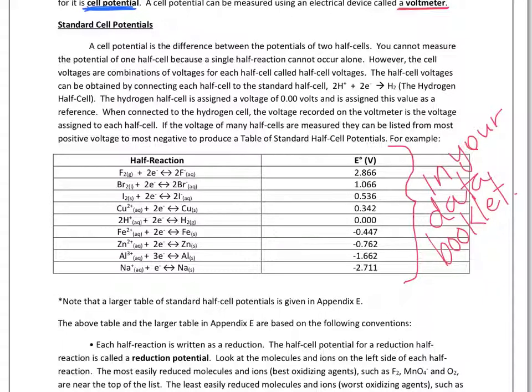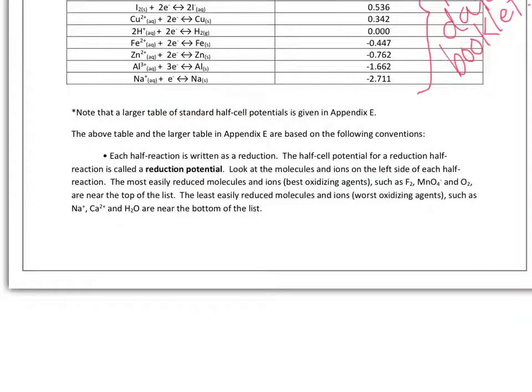There are some things that you should know about the table of standard reductions. One, it's called the table of standard reductions because each half cell is written as reduction. That's really, really important. The half cell potential for a reduction half reaction is called the reduction potential.